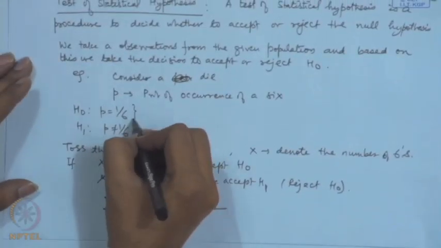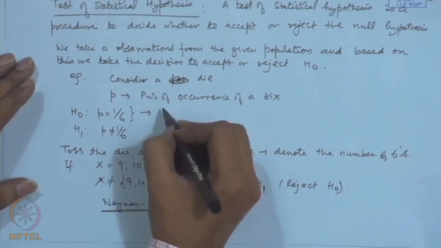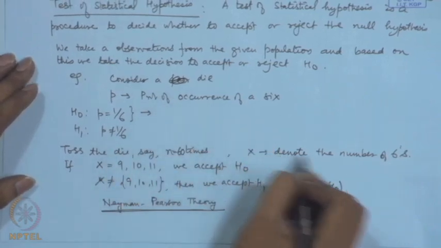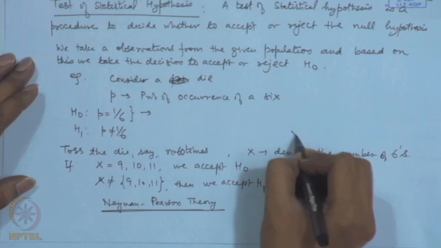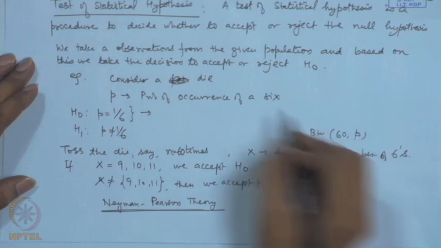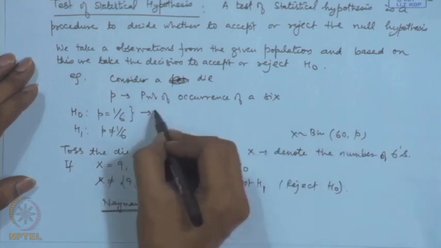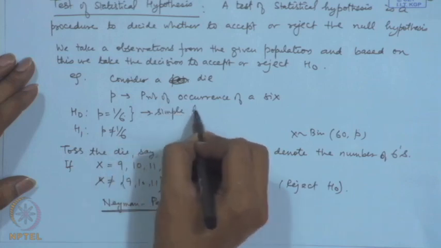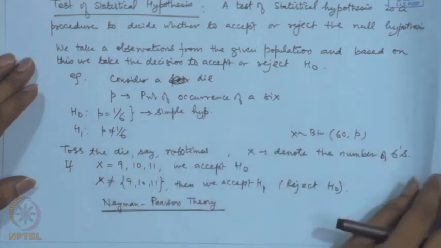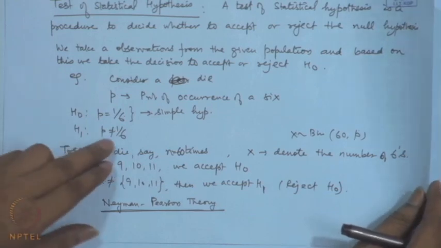Let us consider this problem here. If I say p is equal to 1 by 6, then the distribution of X, that is the number of 6s, X follows binomial 60, p. If I say p is equal to 1 by 6, then the distribution becomes completely specified. So, this is a simple hypothesis, but if the specification is not complete, then it is known as a composite hypothesis.